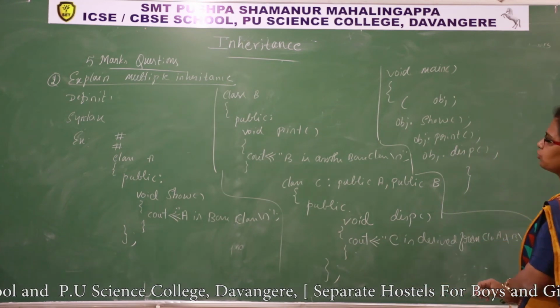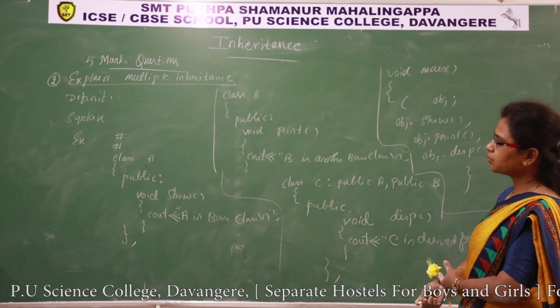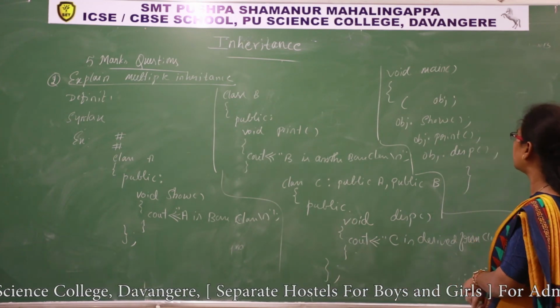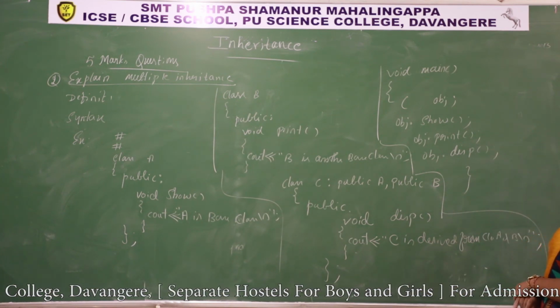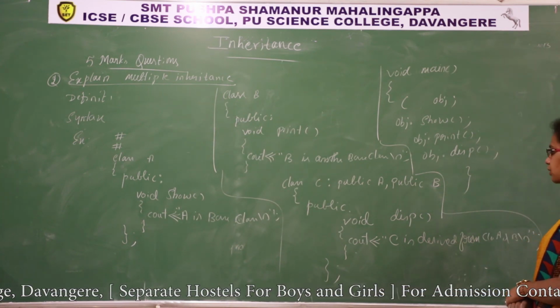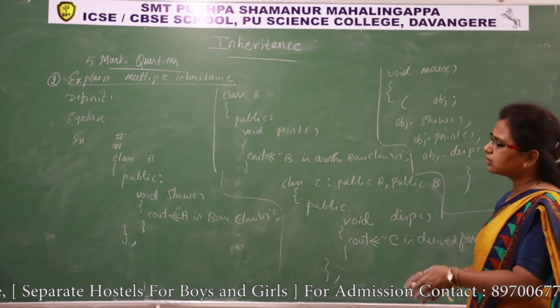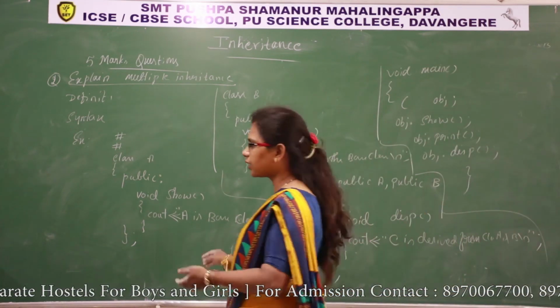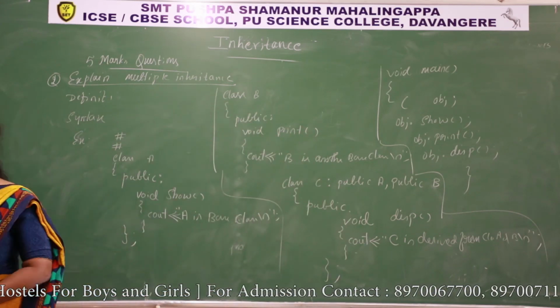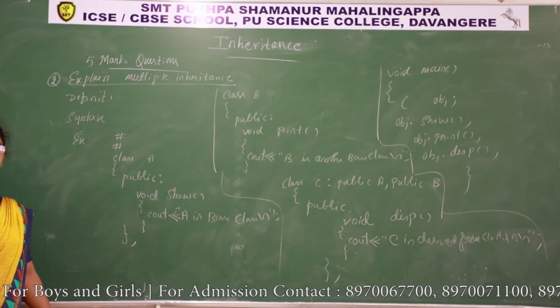So which function executes first? The show function. So display A is a base class, print B is another base class, and display C is derived from class A and class B. In this simple way you can write the program when they ask for a particular type.